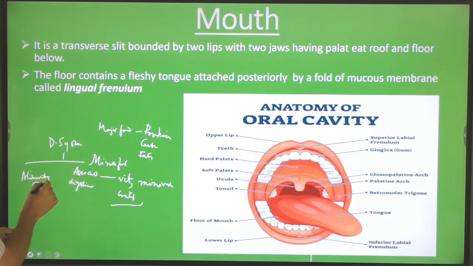So, in the alimentary canal, there are various organs.